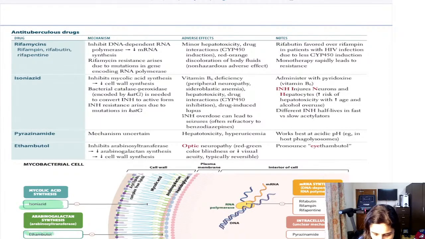Then ethambutol का भी इसमें दिया हुआ है. It can be asked, if the second option were there, it would be your ethambutol which inhibits the arabinogalactan synthesis. mRNA synthesis, all the R's जितने भी हैं drugs, rifabutin, rifampicin and rifapentine, जो भी R से शुरू होती हैं, they are all going to act as the mRNA synthesis inhibitor.